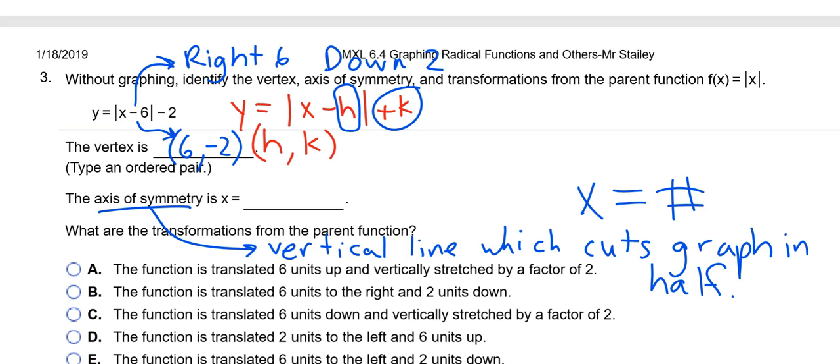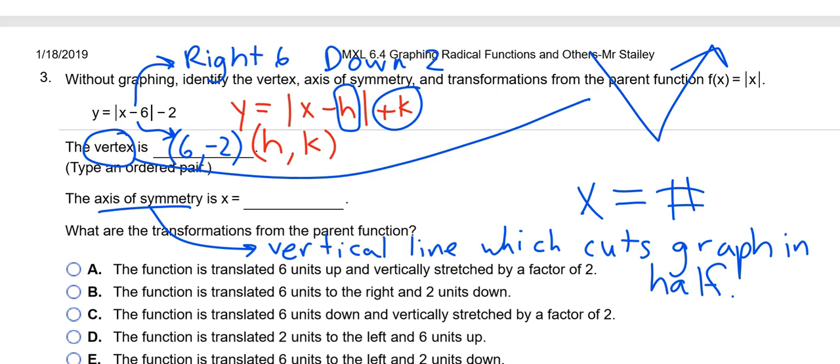Now, maybe I should back up. The vertex is the point where the V comes together. So this point right down here would be called the vertex. It's the point where the two lines change directions, basically. The axis of symmetry is a line which goes right down the middle of that.